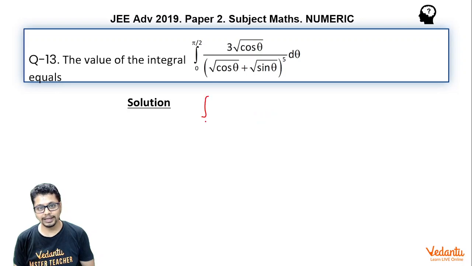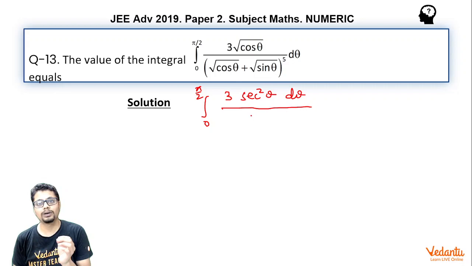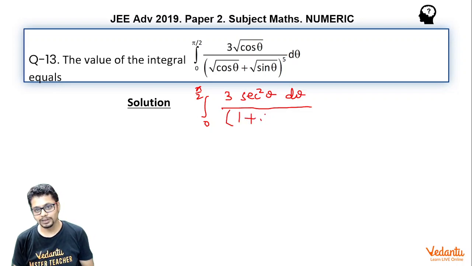So this will give us integral 0 to pi by 2, 3 root cos theta divided by cos to the power 5 by 2 theta in the numerator, which would give you sec square theta. And in the denominator, as you divide by cos to the power 5 by 2 theta and take it inside this expression having power 5, you'd essentially get (1 plus root tan theta) whole to the power 5.